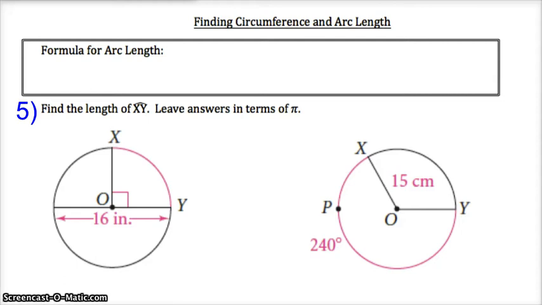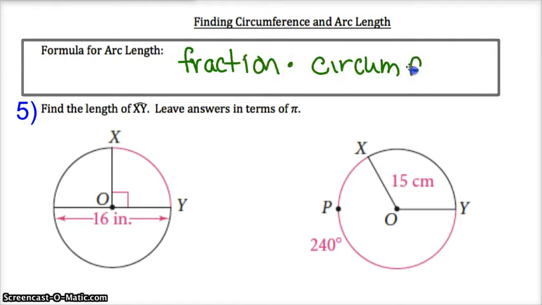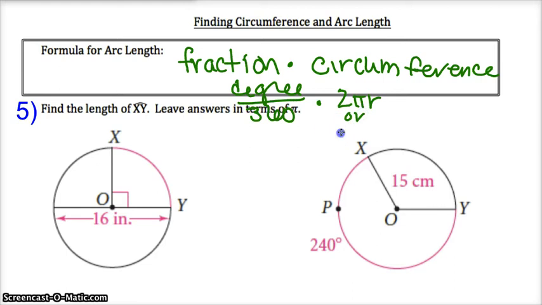All right, next page. Talks about finding length. Formula for arc length. Mentioned in the previous key concepts box that arc length is a fraction of the circumference. So it's going to be your degree over 360 times circumference, which is either 2 pi r, or you can use pi d.